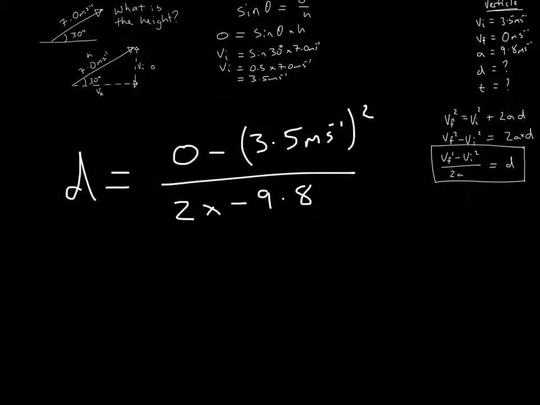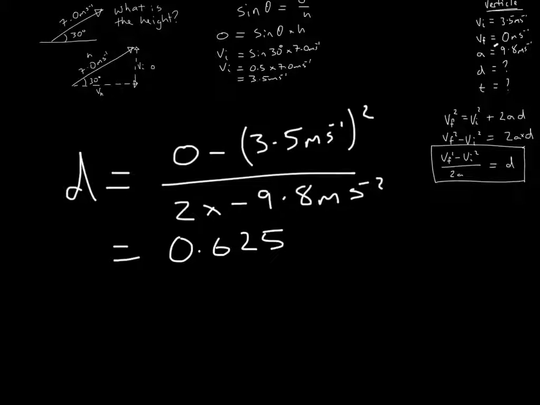Remember, our 9.8 is always negative, and whoops, up here, I forgot to do that up there. Okay, so there we go. We just pop that into our calculator, and we get the answer. Answer 0.625. Now I've got to work out the units.